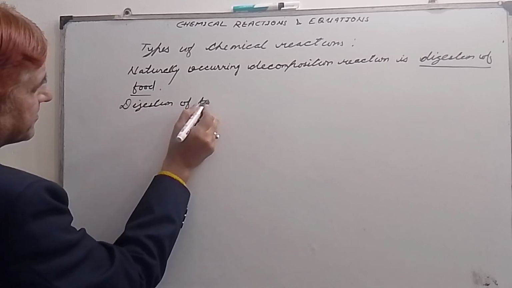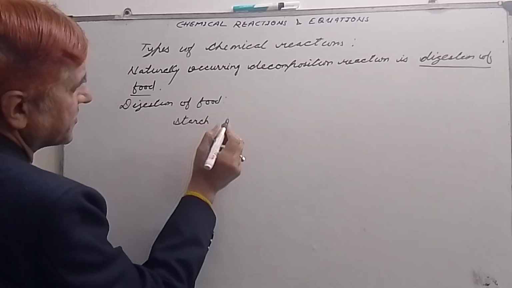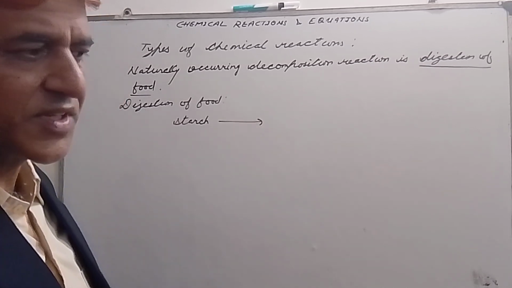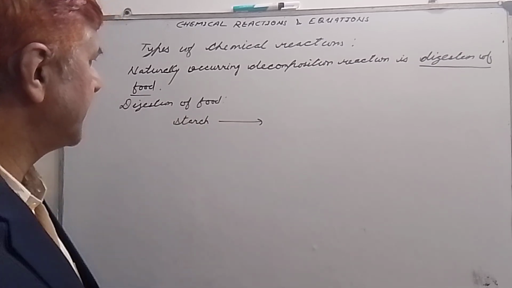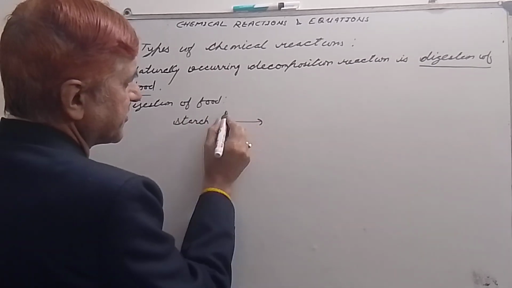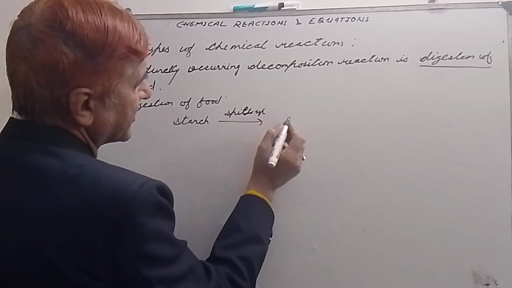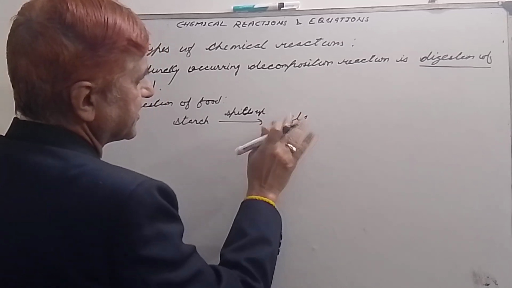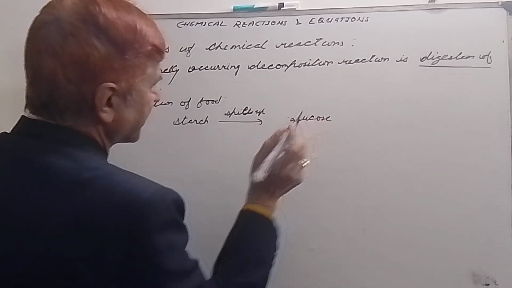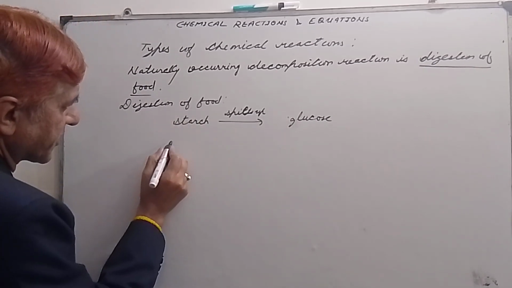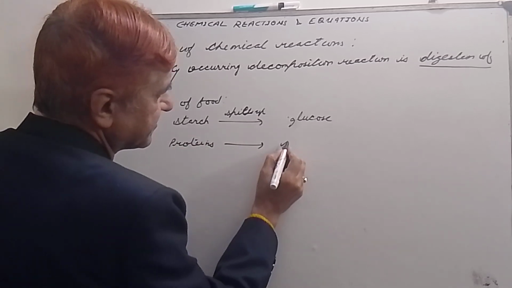In digestion of food, starch which is present in our food grains, for example in rice, wheat and maize, which we eat, is decomposed, splits up into glucose, and proteins into amino acids.